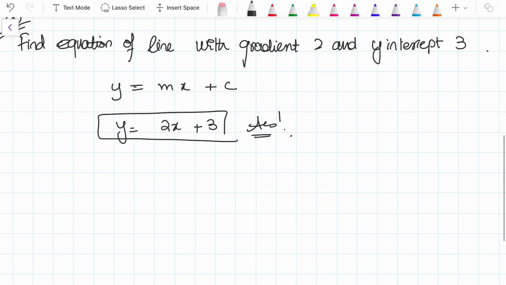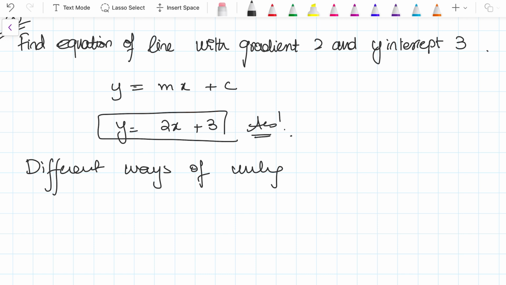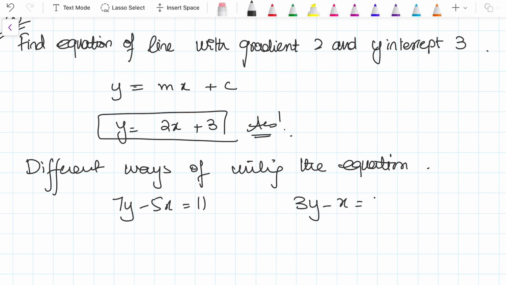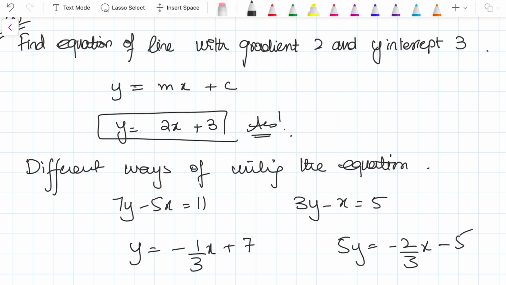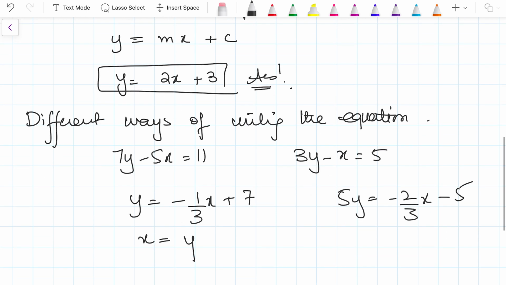Okay. Now there are different ways of writing the equation. The equation can be written like this. So many different ways of writing an equation. It can also be written like this.